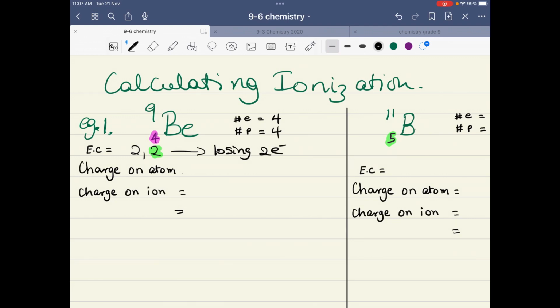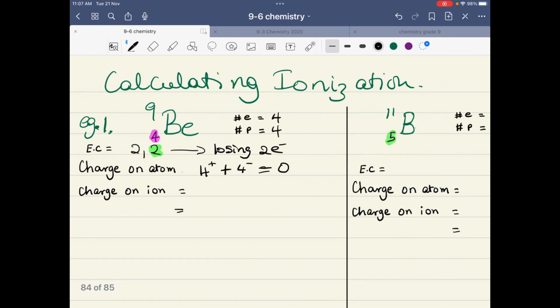The next thing we're going to look at is charge. We'll start with the charge on the atom itself. It has 4 protons, which gives 4 positive charge, and it also has 4 electrons, which gives 4 negative charge, so it gives an overall charge of 0. Now let's look at the ion.